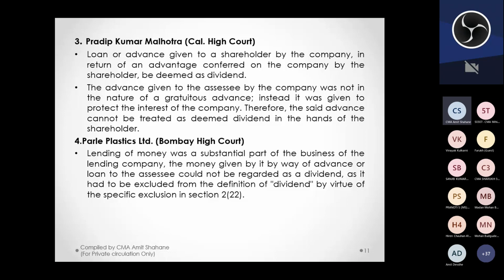So whether it is deep discount bonds or zero coupon bonds, there are many financial instruments which are issued by the companies, and finally whatever income you get, it's not necessary that it should always be called interest only.